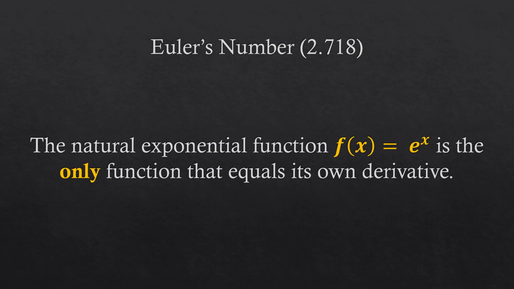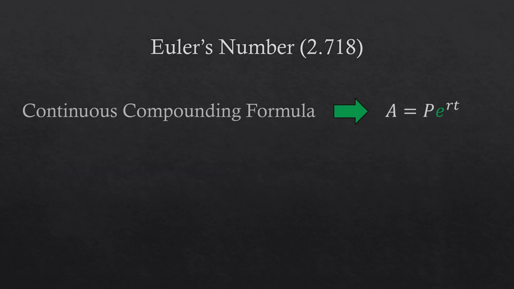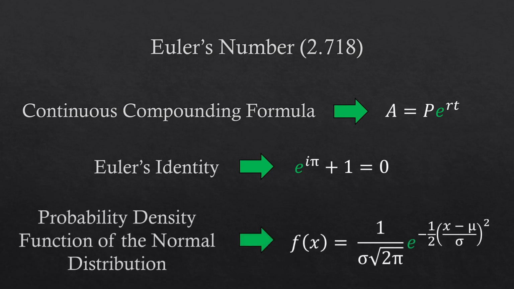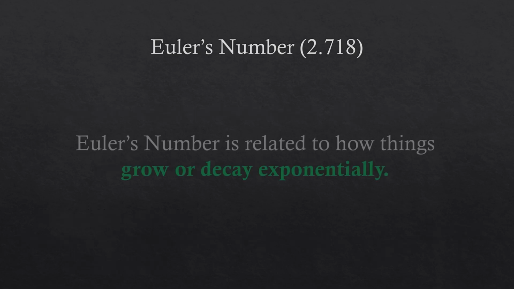Euler's number also appears in a continuously compounding formula, which is widely used in finance, in Euler's identity, which relates Euler's number, pi, and the imaginary unit i, and it's also found in the probability density function of the normal distribution. Generally speaking, Euler's number is related to how things grow or decay exponentially.